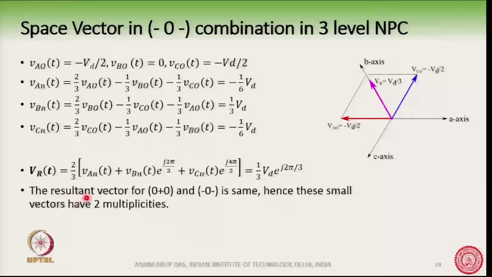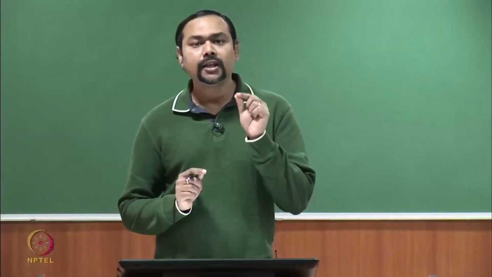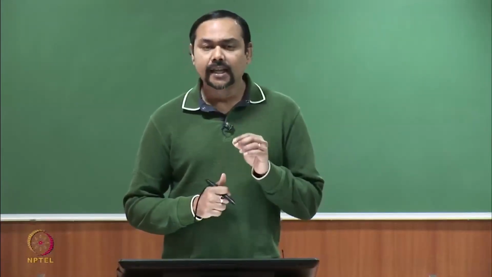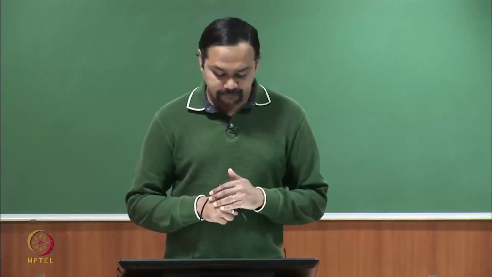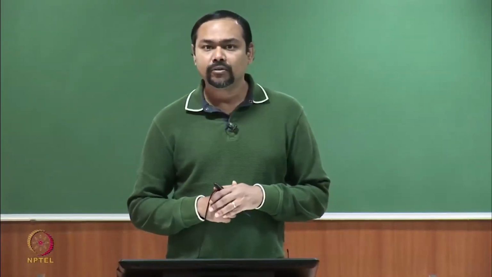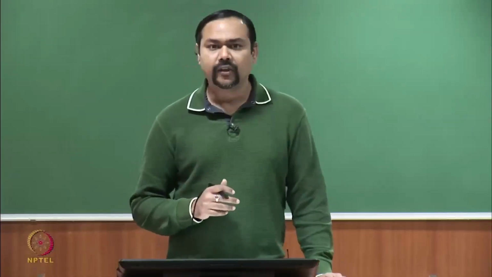The resultant vector for 0 plus 0 and minus 0 minus is the same. So, both these switching combinations produce the same resultant space vector, and so we say that this particular vector, 1/3 Vd e to the power j 2 pi by 3, has two switching state multiplicities, because two switching state combinations produce the same vector.